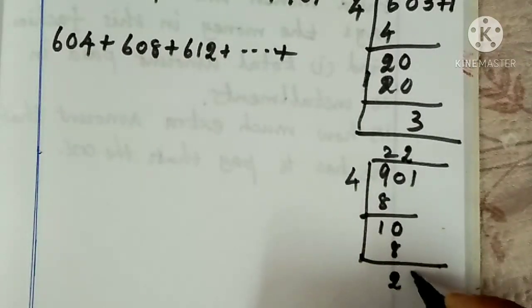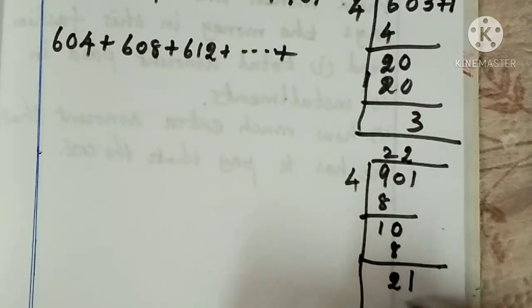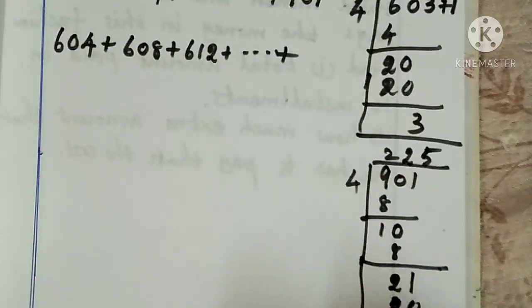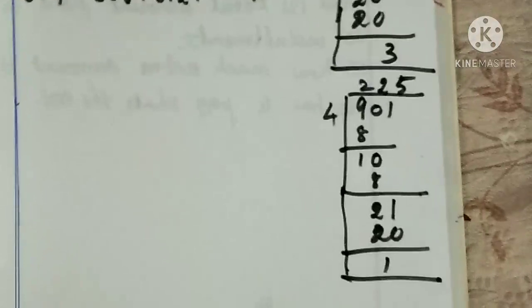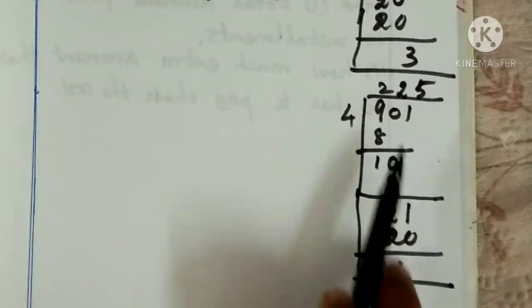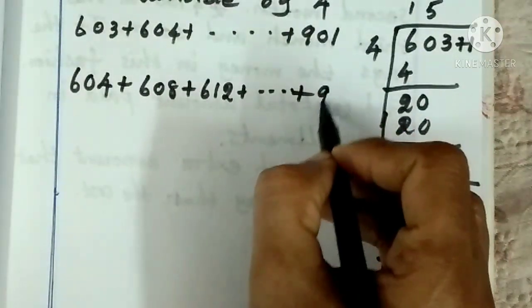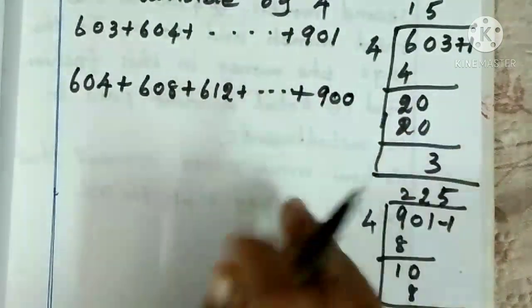Then take down the next number and we get 21. Then 5 4s are 20, remainder 1. For finding the last number, you have to subtract the remainder from the dividend, that is 901 minus 1, we have 900. Therefore, the last number is 900.